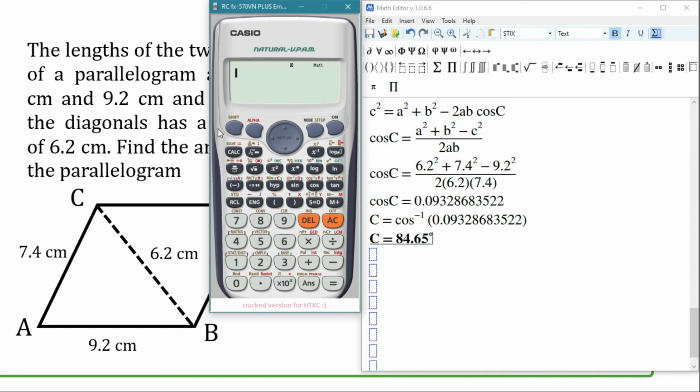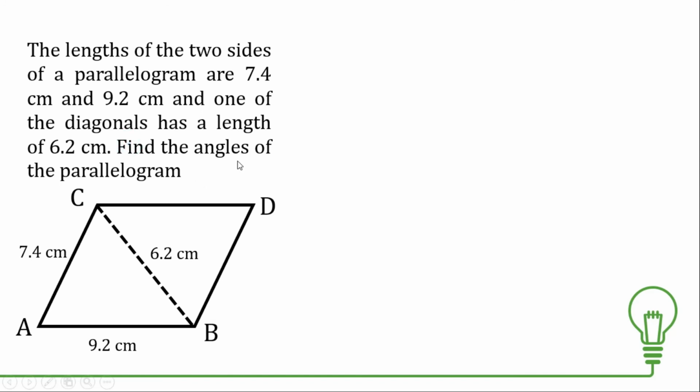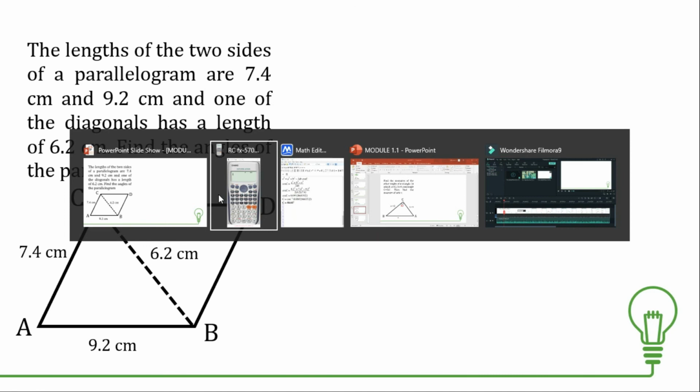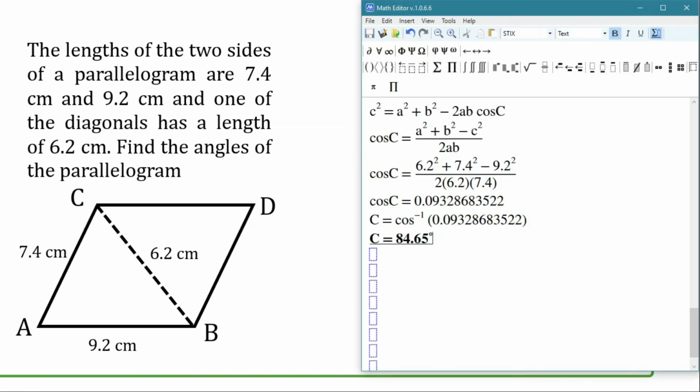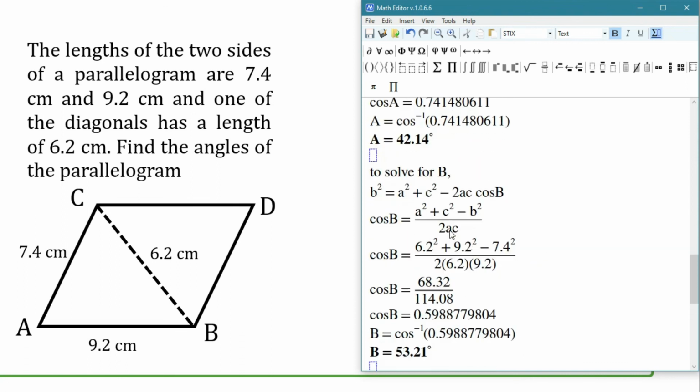Sabi dyan, find the angles of the parallelogram. Okay? Paano natin masasolve ngayon yung angles ng parallelogram? Okay? So, si angle A, given na that would be 42.14. But remember, this diagonal divides angle C and angle B. So, ang gagawin natin, etong angle na to at saka yung angle na to ay congruent.